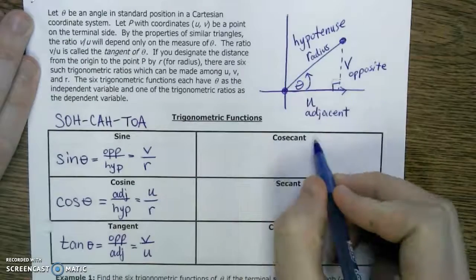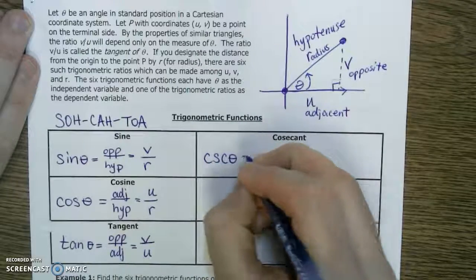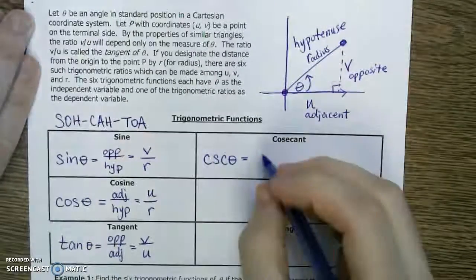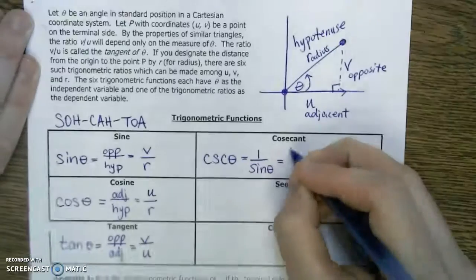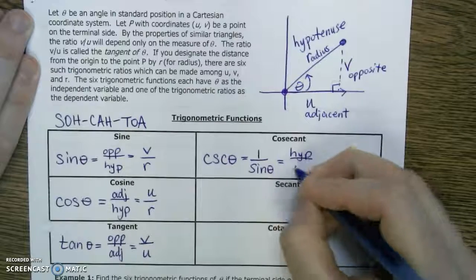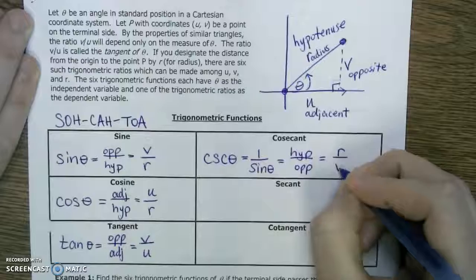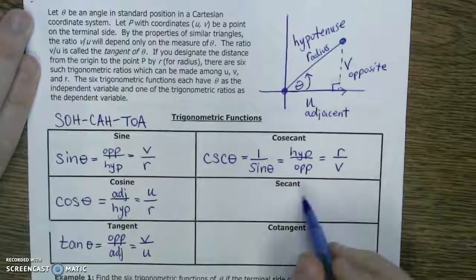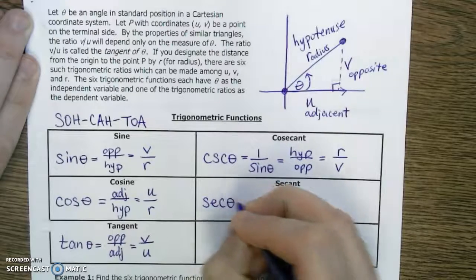So cosecant, its abbreviation is CSC. Cosecant of theta is 1 over sine theta, which is hypotenuse over opposite, or R divided by V in the picture. Secant is abbreviated SEC theta.